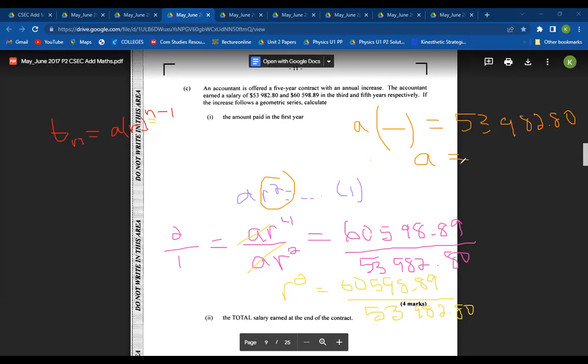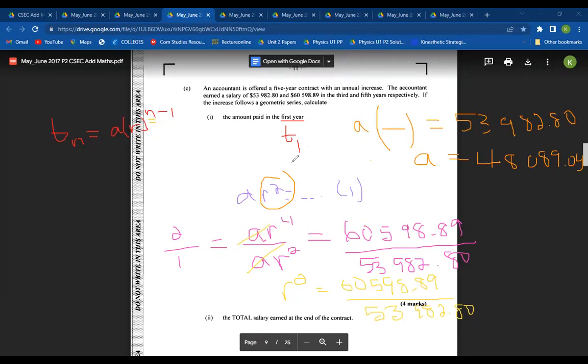I got 48,089.04, something like that. Yes, this is actually the answer, right? Because they asked for the first year, which is T1.